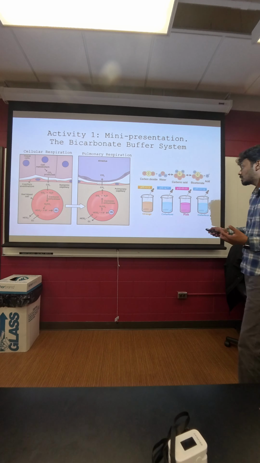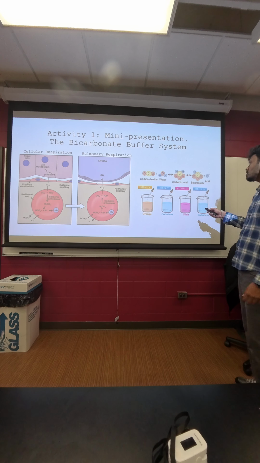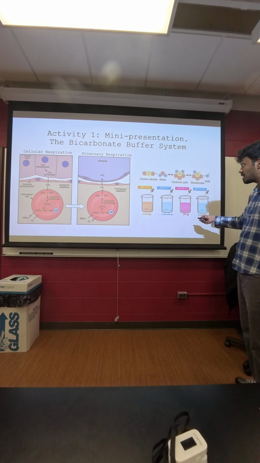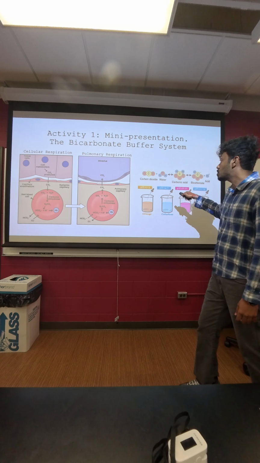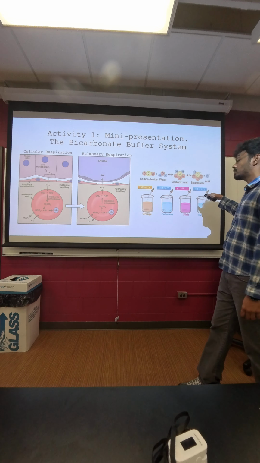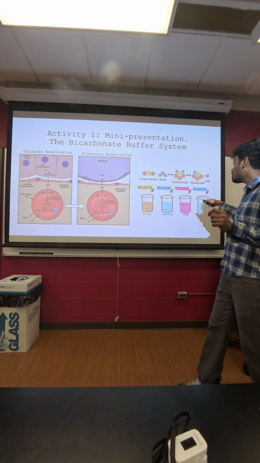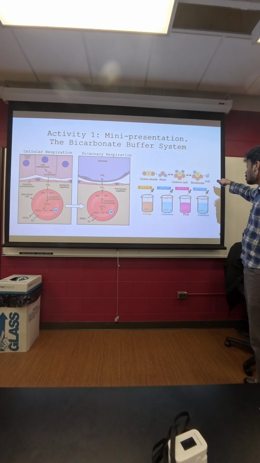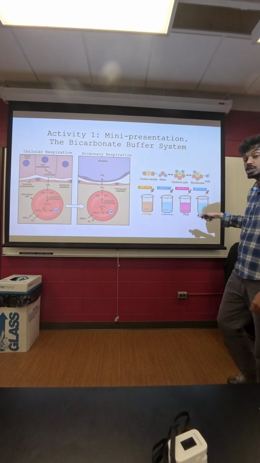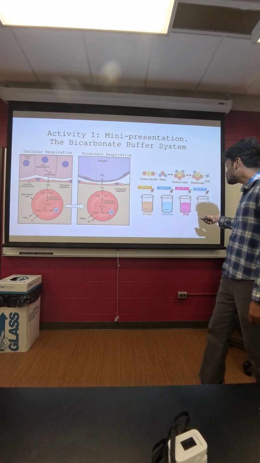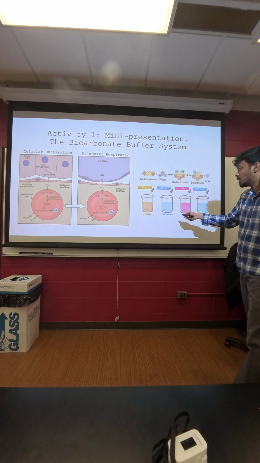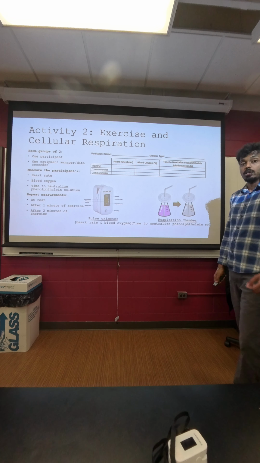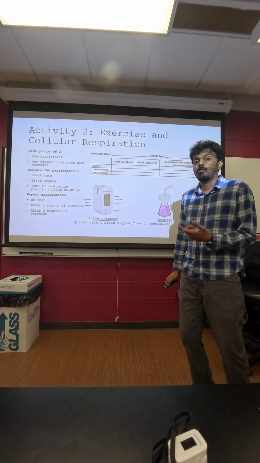So we start with a pink colored solution which has a pH of roughly 8 to 10, and when we continuously bubble the CO2 inside this pink colored solution, because the CO2 comes in contact with water, it forms carbonic acid, and the carbonic acid dissociates into bicarbonate and the proton. The proton itself is responsible for changing the pH of the solution. And that's why after some time you would see the change in the color of the solution. Which brings us to the next activity for this lab.